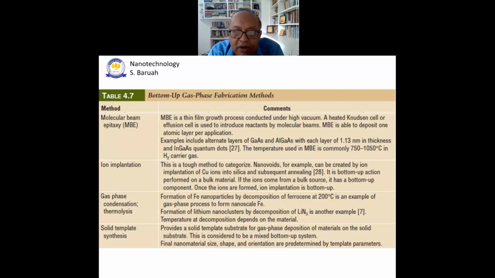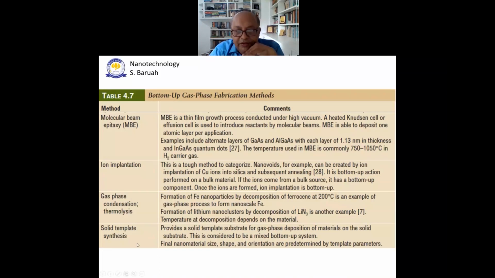Okay, so that is what we are talking about as nanoclusters, right? So the temperature that we use for the gas phase condensation depends upon the material, which material you want to use, right? And accordingly, you will have to set the temperature.